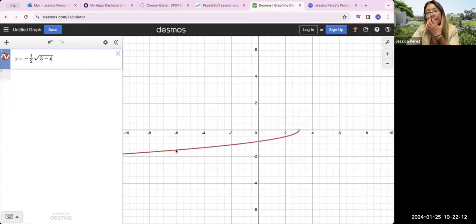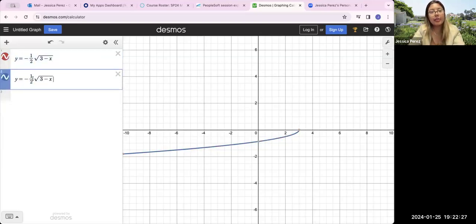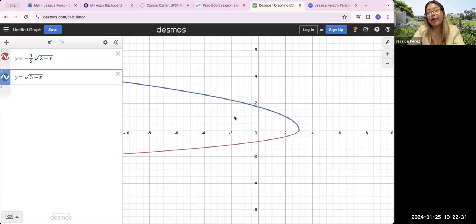So see how they took it as a reflection across the x-axis because the outside one will dominate in this matter. However, if I just copied this and it would just be 3 minus x, now you'll have a reflection across the x, but your y will also be part of that.